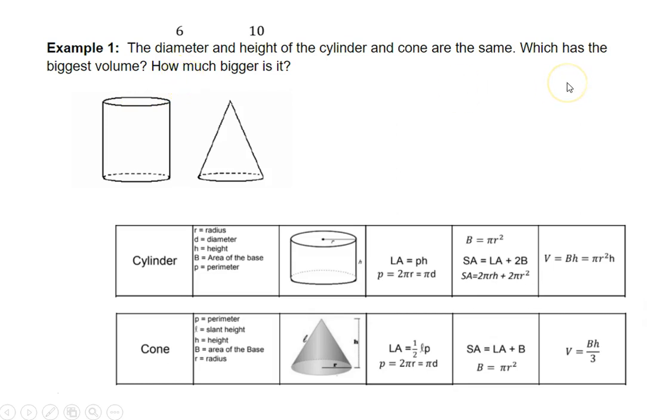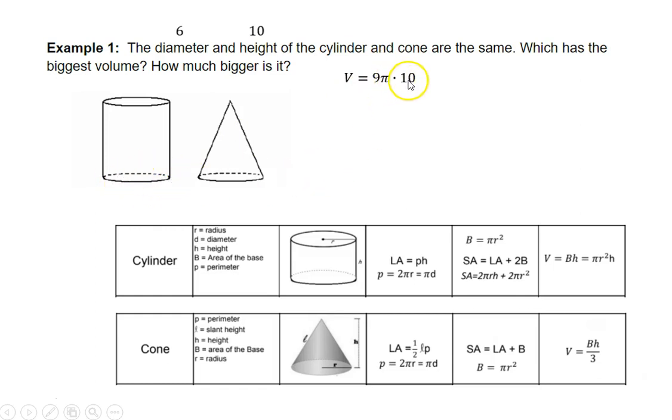The volume of a cylinder is going to be pi r squared times the height. Jumping ahead a little bit, 9 pi comes from pi times the radius squared. If the diameter of the circle is 6, the radius is 3, and 3 squared is 9. So 9 pi is pi r squared, the area of this circle.